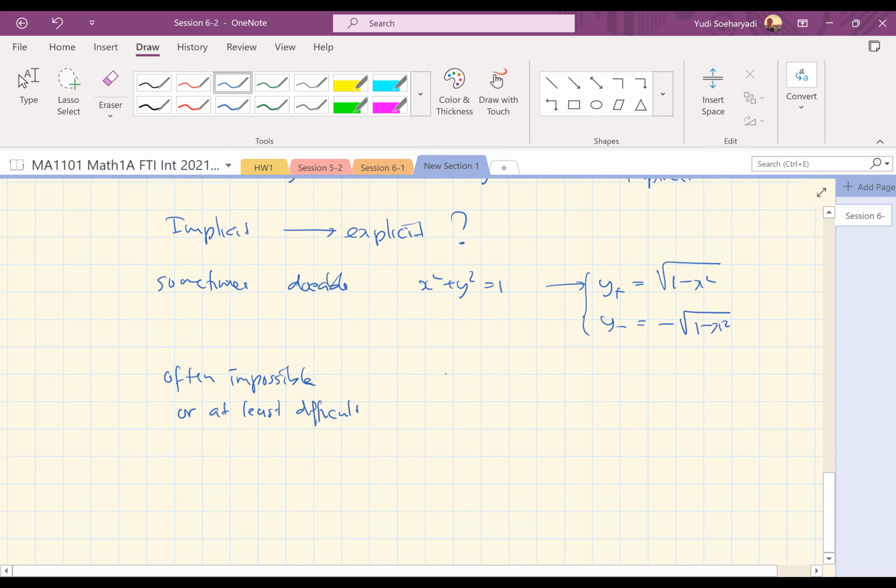I think we're good at making things complicated. Okay, this is implicit.